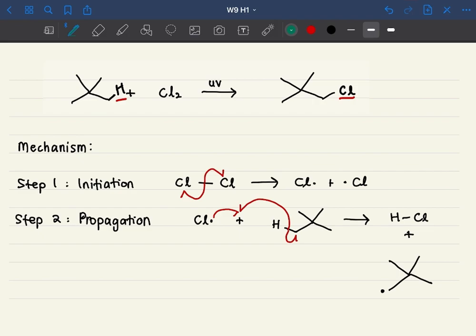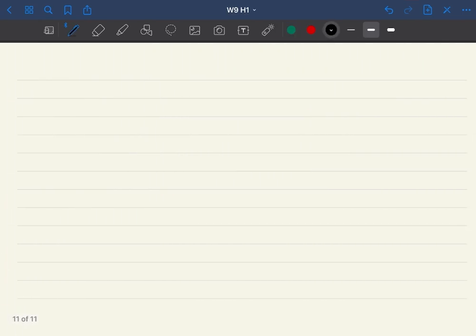Now we have formed this new radical. We are going to create a chain reaction where we are going to reproduce this Cl radical. By rewriting the new radical formed from this step, we're going to attack the Cl bond.